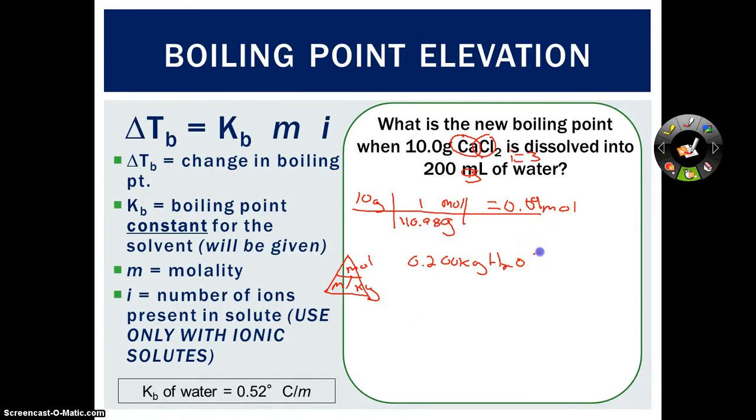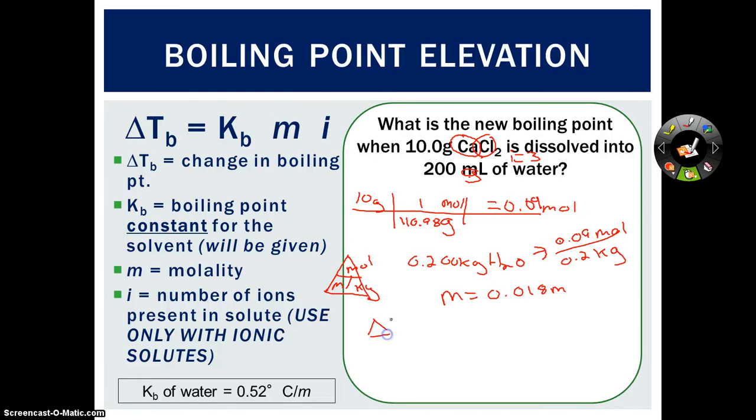Now I can find molality: 0.09 moles divided by 0.2 kilograms gives me molality equals 0.45. Now I can plug it all in.